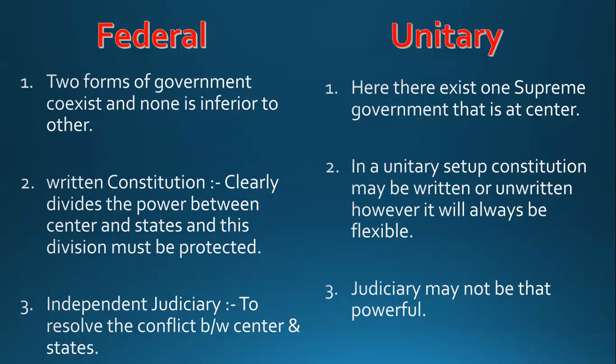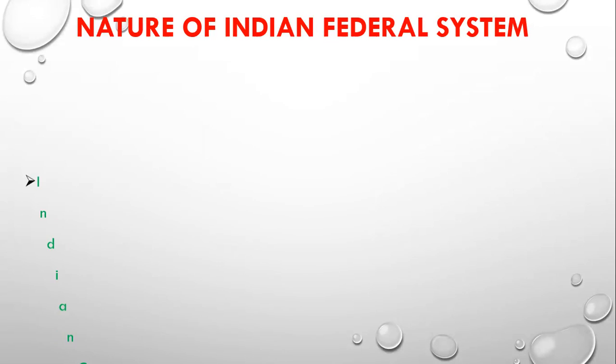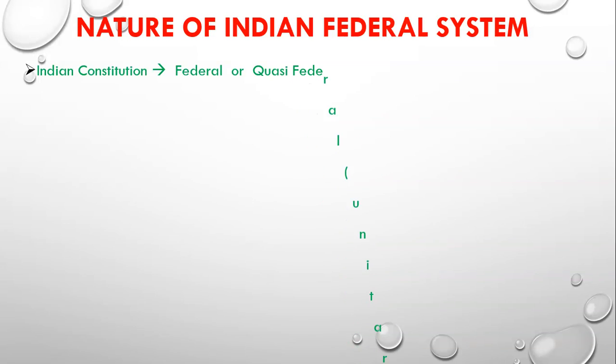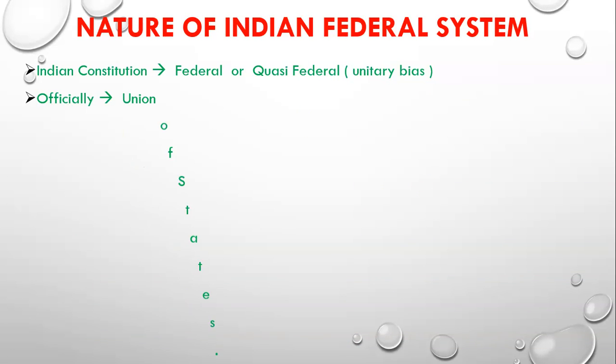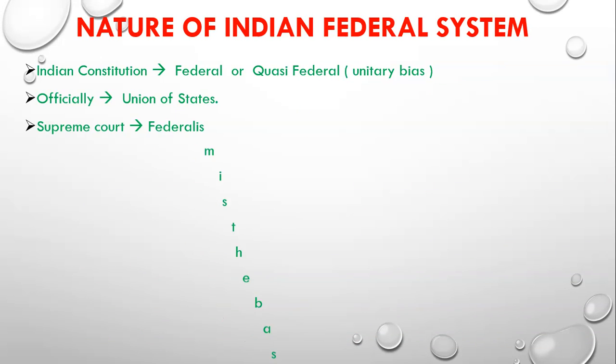Now friends, we will discuss the nature of the Indian federal system. So friends, some scholars think that India is a federal country. Some scholars think that the Indian constitution is federal by nature.